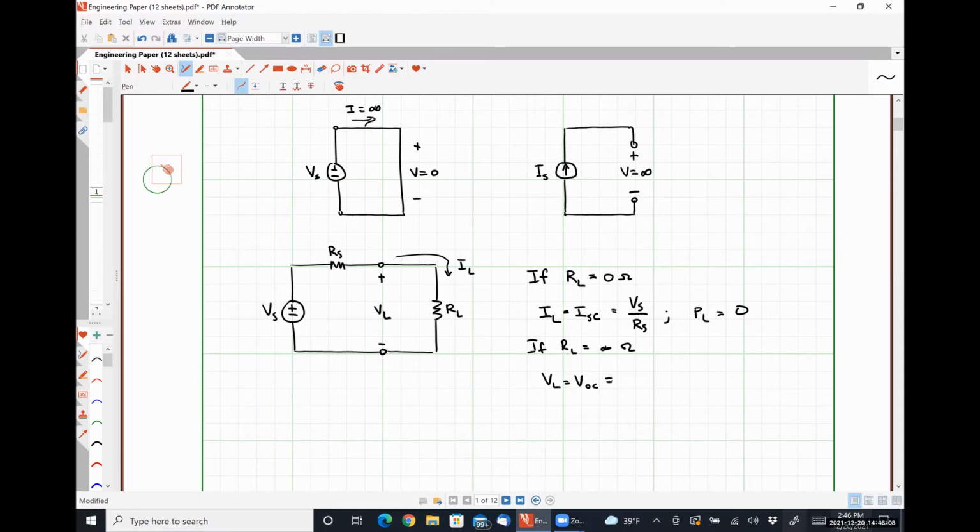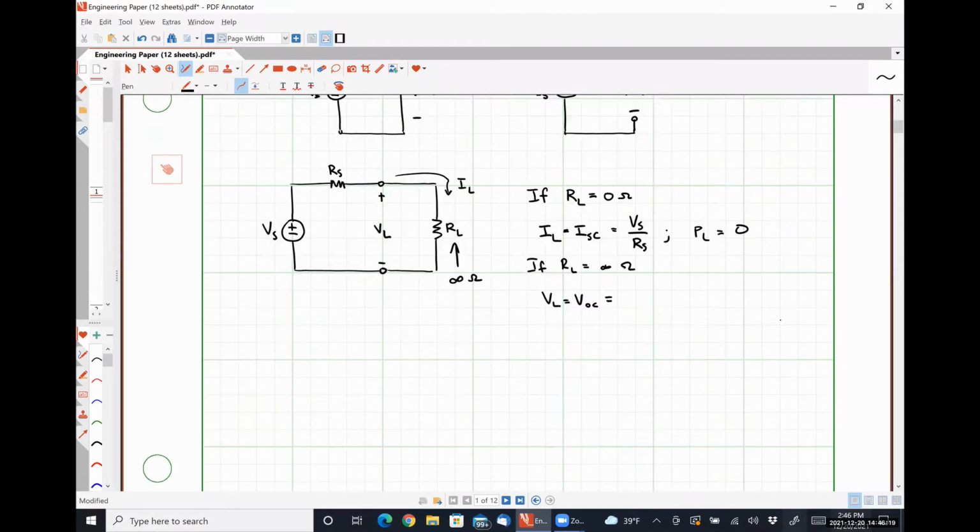So we're saying that this is infinity ohms, or an open circuit. It won't be 0 because there's no current.